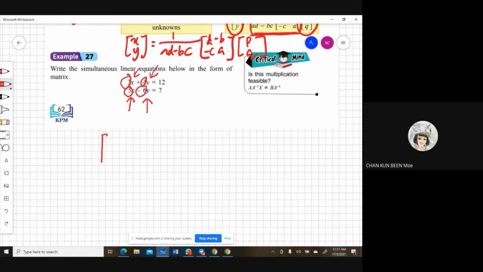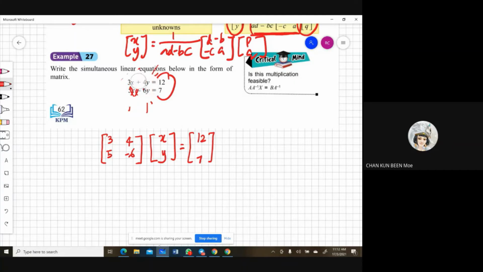So just replace everything in matrix 2 by 2. This will be 3, 5, 4, negative 6. Okay, and then you can see they have x and y. For that, you are going to put them into x and y like this, equal to 12, 7. Just like this to change it to the form of matrix.